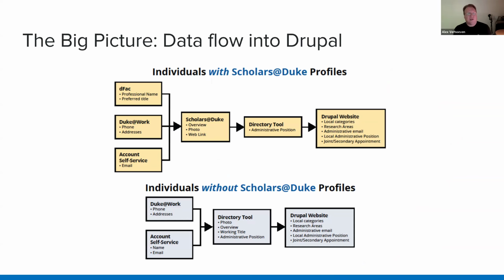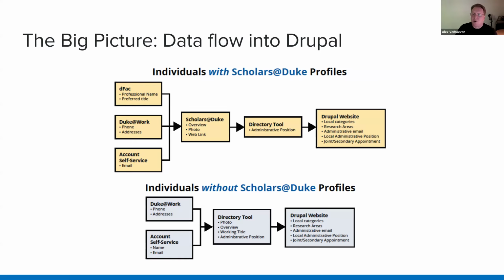So how does data flow into your Drupal website? This workflow diagram illustrates where profile data comes from and how it is routed through various systems before it ends up on your website. As you can see, there are two different workflows, one for people with Scholars at Duke profiles and one for people without Scholars at Duke profiles.